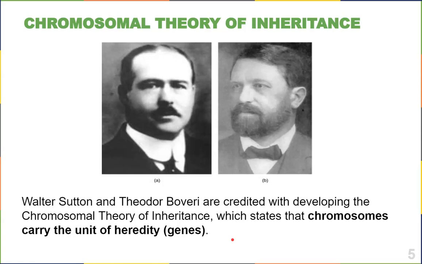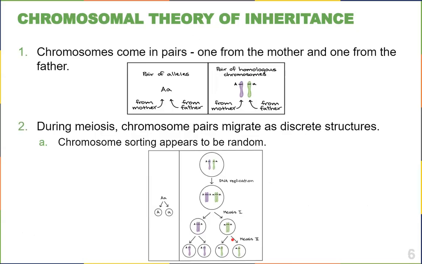Before this time, everybody, scientists alike, didn't quite understand how we inherited traits. Through Sutton and Boveri's work, we now had a better understanding of how inheritance works. So this is the theory that they came up with.